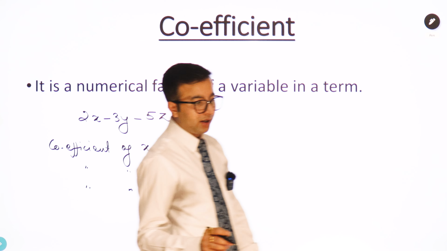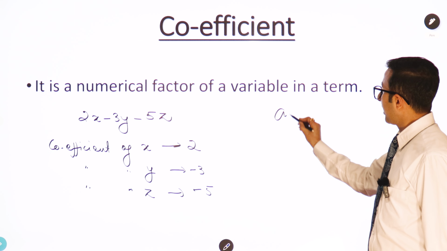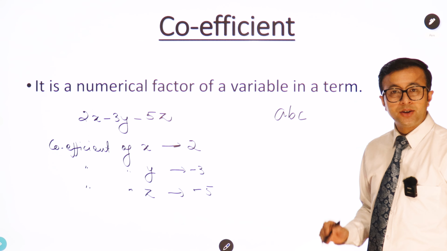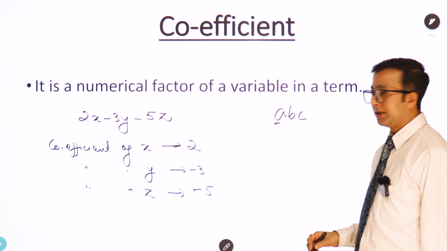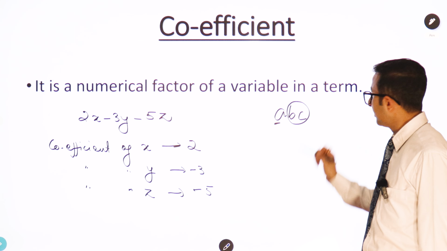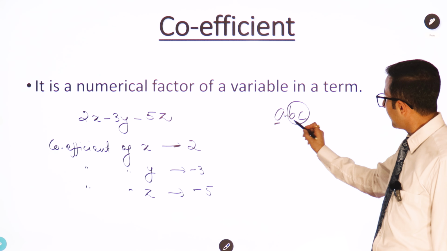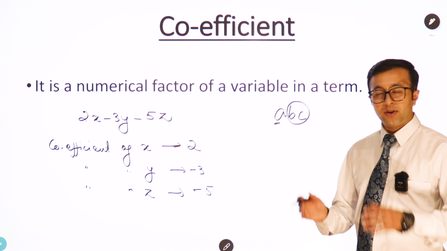Sometimes you may get a broader case. If you have a multiplied by b multiplied by c, and you want to find the coefficient of a, except a, whichever is multiplied with a, bc will be the coefficient of a. Similarly for b, ac will be the coefficient. For c, ab will be the coefficient.